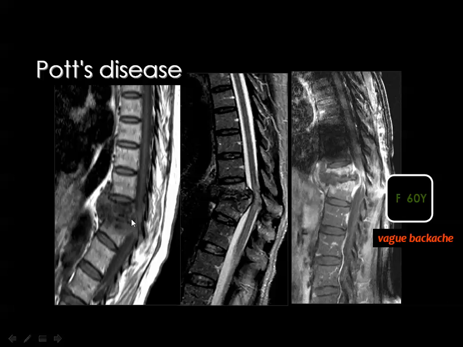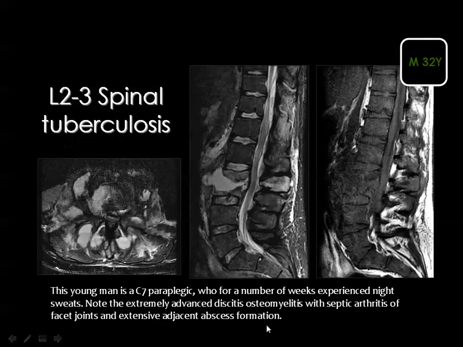As you can see here, there is involvement of the disc as well as the above and below vertebrae with inflammatory granulation tissue anterior to the vertebral column, as well as inside of the spinal canal compressing the distal part of the cord. After injection of contrast, you get enhancement of the involved vertebrae as well as the intervening disc, together with the inflammatory granulation tissue.